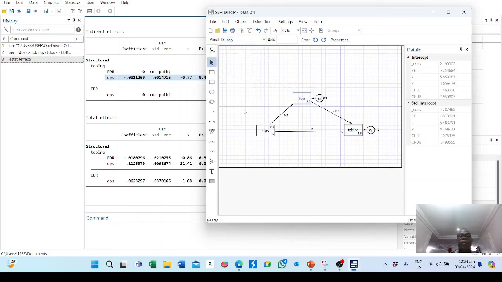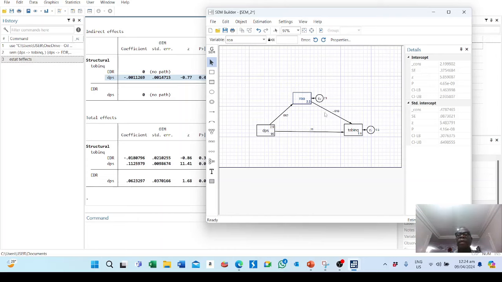I've dropped equity to debt ratio, and we want to estimate now the regression. Now we are saying dividend per share, ROA, and Tobin's Q.